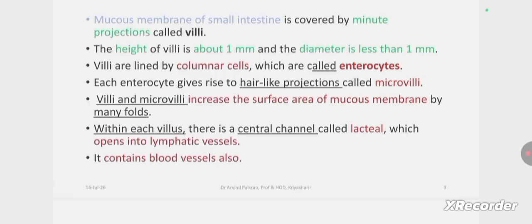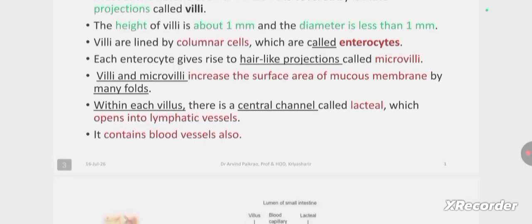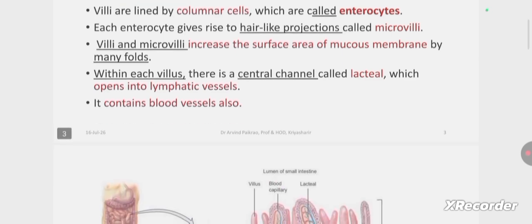Then in each villus there is one central channel, that is known as the lacteal. The lacteal opens into the lymphatic vessel. Blood vessels will also be there.